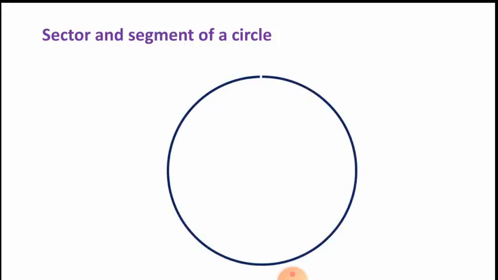Now let us learn about a segment and a sector of a circle. Let me first draw a circle. If I draw two radii of a circle like this, as you can see on the screen, then the area enclosed inside these two radii is called a sector of a circle.